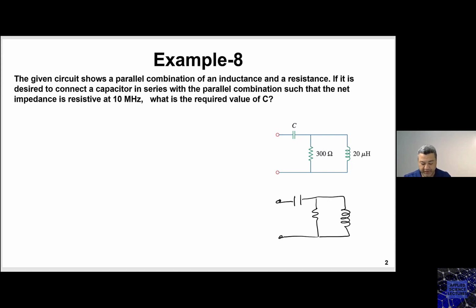Now, here we have ZC, we have R, 300 ohm, and we have ZL that we need to find. So the first one is ZL, which is j omega L.